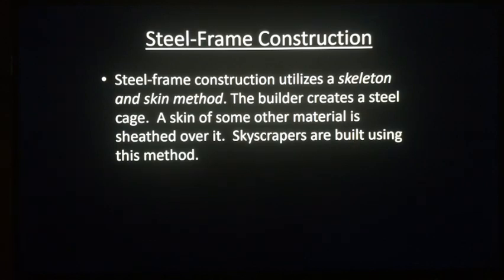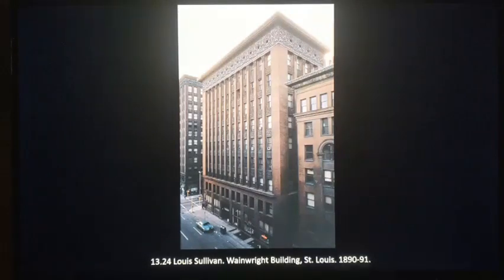Steel frame construction, like the Seattle Space Needle here, is the method that we see used to create tall buildings like this in the end of the 1800s through into the 1900s using skeleton and skin. And the first structures that we see, this one by Louis Sullivan in St. Louis, we have a skeleton and skin structure that on the outside, the facade, looks almost entirely like brick and stone.